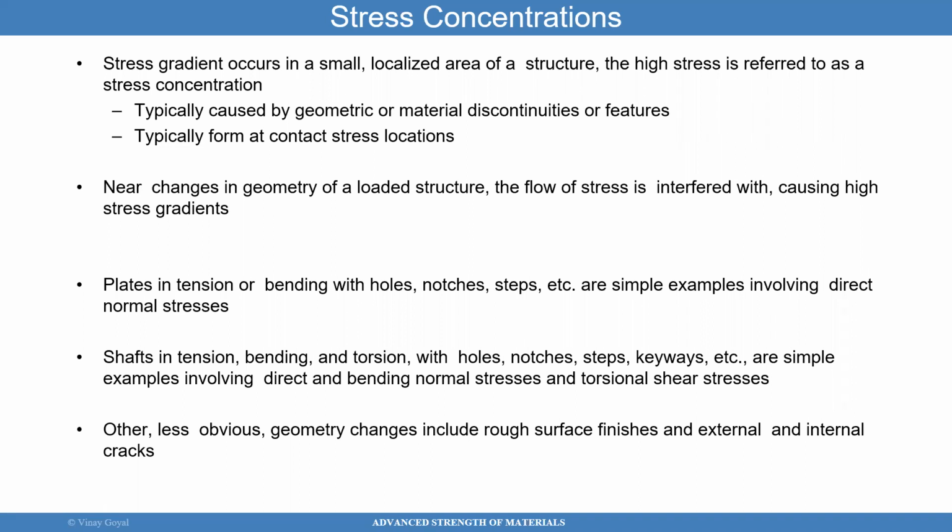Typically, you can also have these stress concentrations at contact locations. It can occur near changes in geometry of a loaded structure. The flow stress is usually going to be interfered with by these discontinuities, causing a high stress gradient.